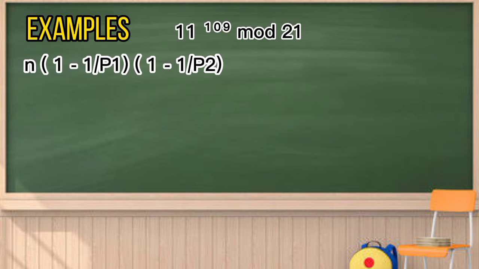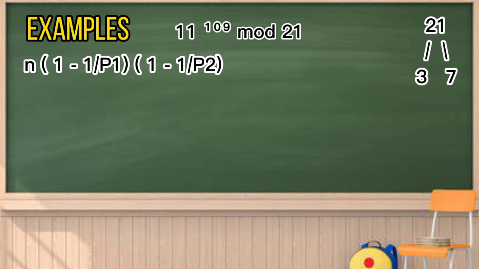In order to substitute the given values into the formula, we first have to get the totient function of our modulo 21. To get the totient, we need to factor 21. The prime factors of 21 are 3 and 7, which will be the p sub 1 and p sub 2 in our formula, where n is the modulo 21.